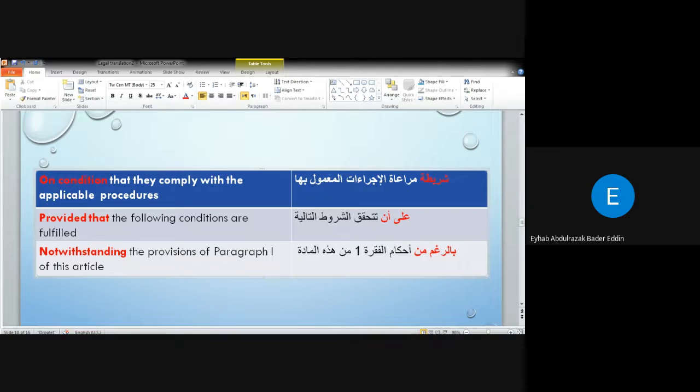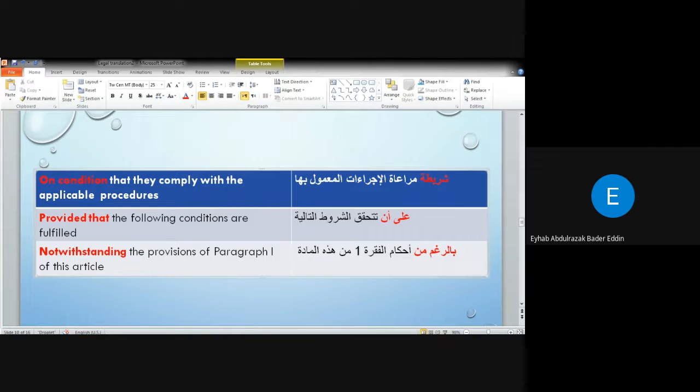Clear? So after because of we have a noun, but after because alone we have a full sentence. Subject, I, and have to, this is the verb. Clear? So you have to know how to use words in language. Otherwise, they are meaningless and you are not able to communicate your message.